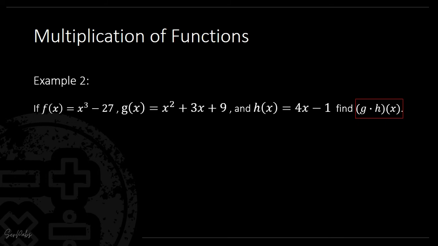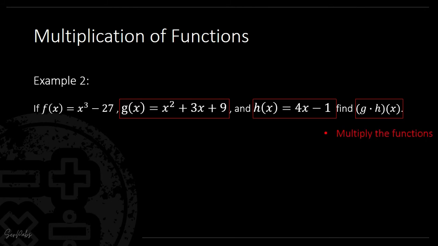So therefore, i-consider natin ang function na g of x at h of x. Hindi na muna gagamitin si f of x kasi hindi naman siya involved sa operation. So, g and h lang. First thing to do, multiply the functions.